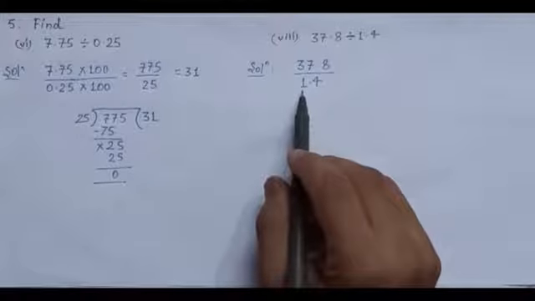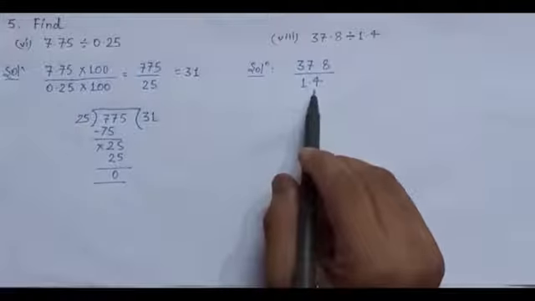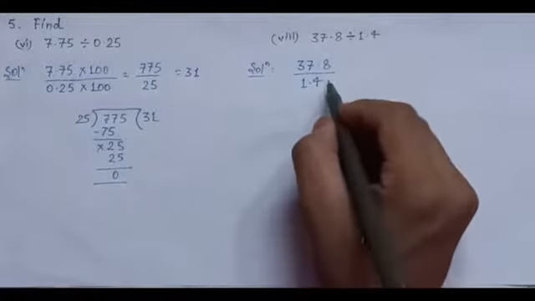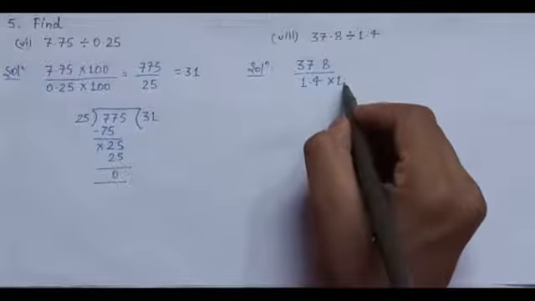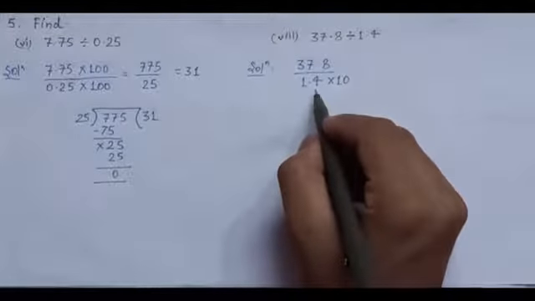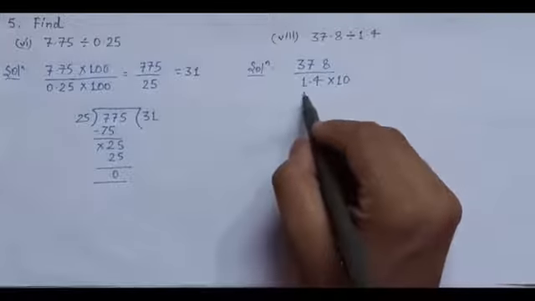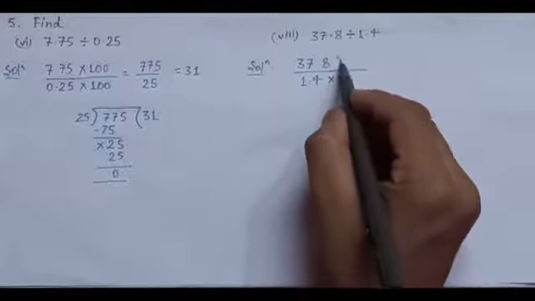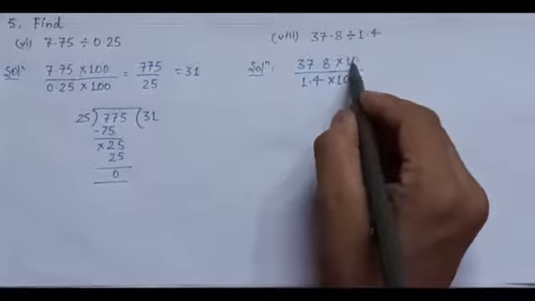This decimal 1.4 has only one decimal place. So if we multiply this decimal by 10, it can be converted into a whole number. And if we multiply the denominator by 10, we also have to multiply the numerator by 10.